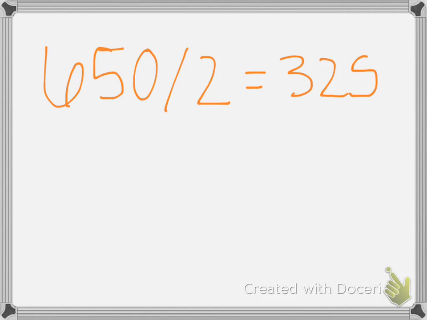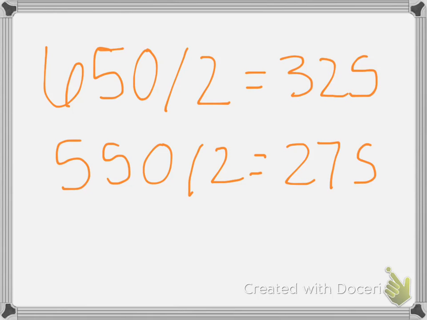Then 250 plus 350 is 550, divided by 2 equals 275. You subtract these to get the difference between rows A1 and A2, and you get 50.